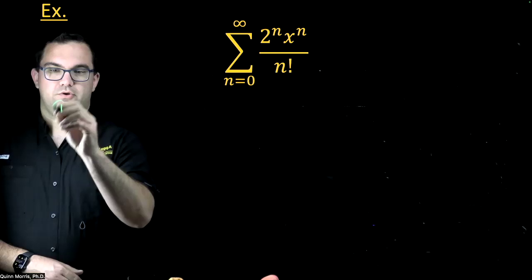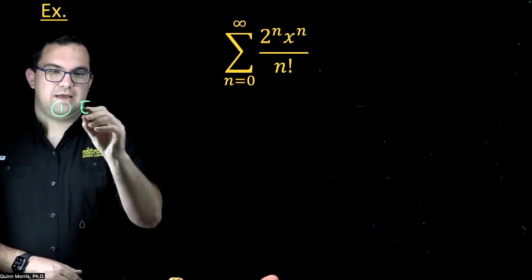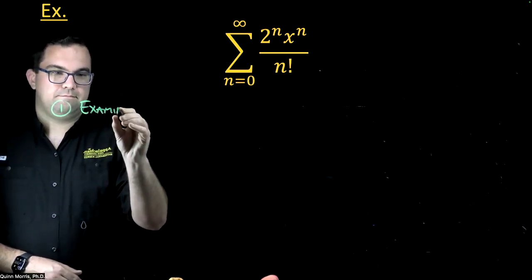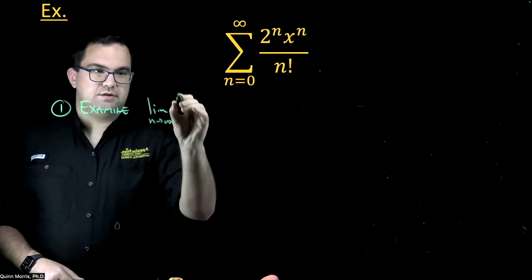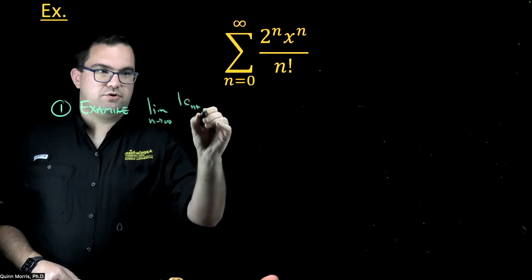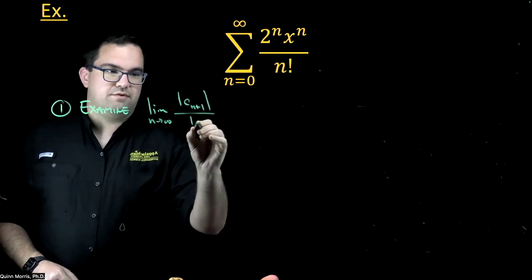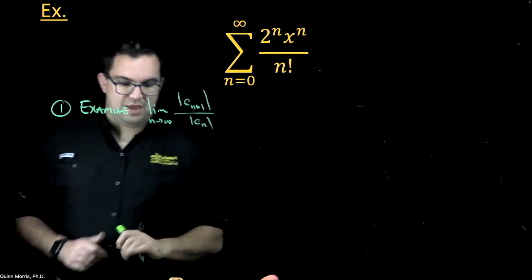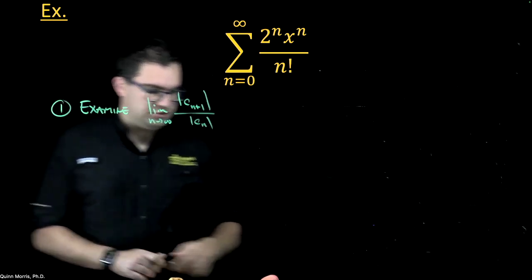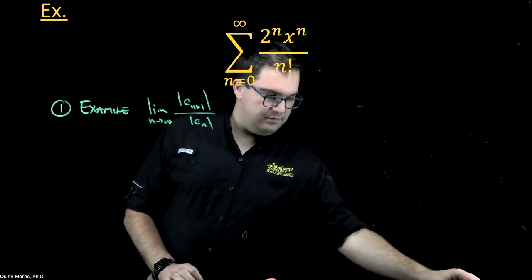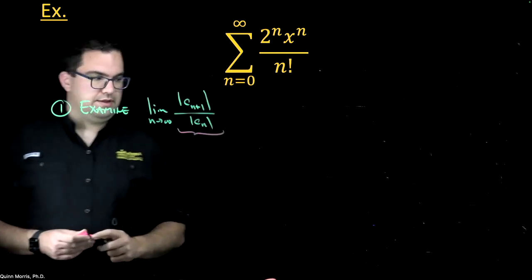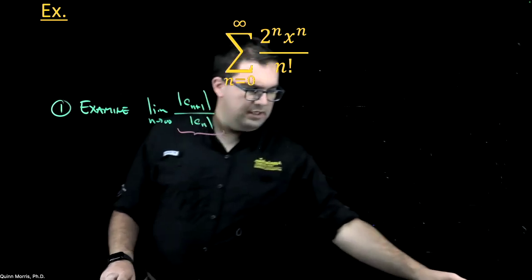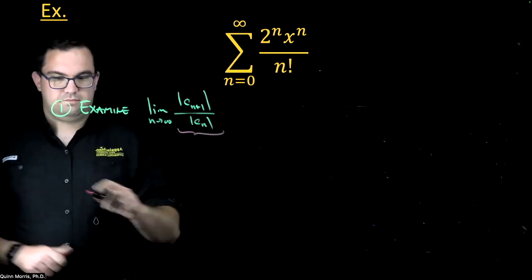So the first thing I'm going to do is examine the limit as n goes to infinity of the absolute value of Cn plus 1 divided by the absolute value of Cn. To help me do that, I'm first just going to try to understand this ratio. What is this ratio right here?